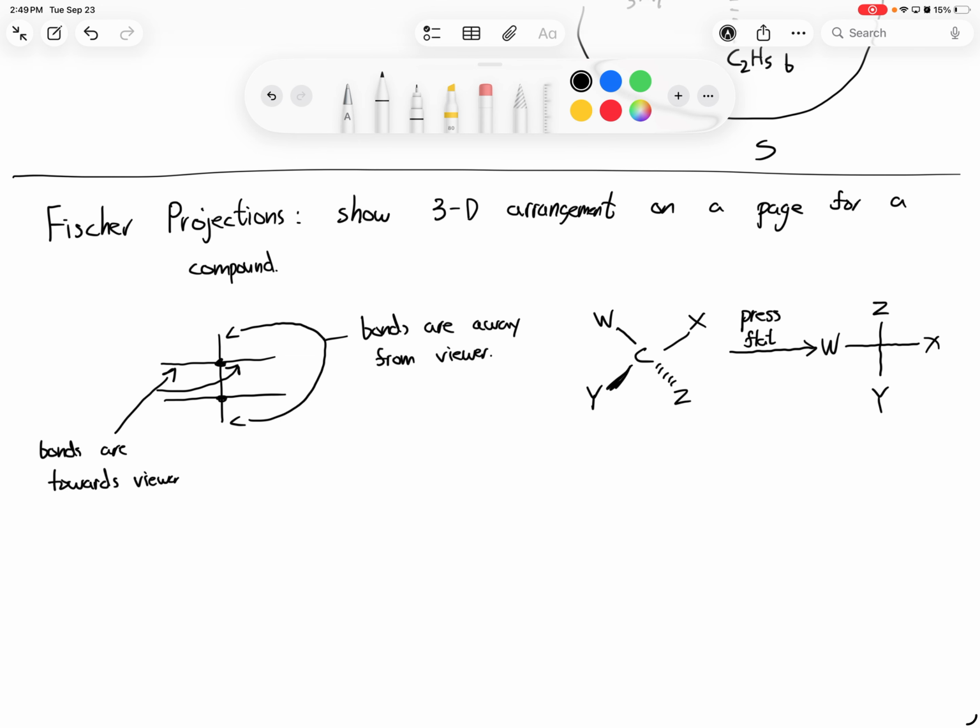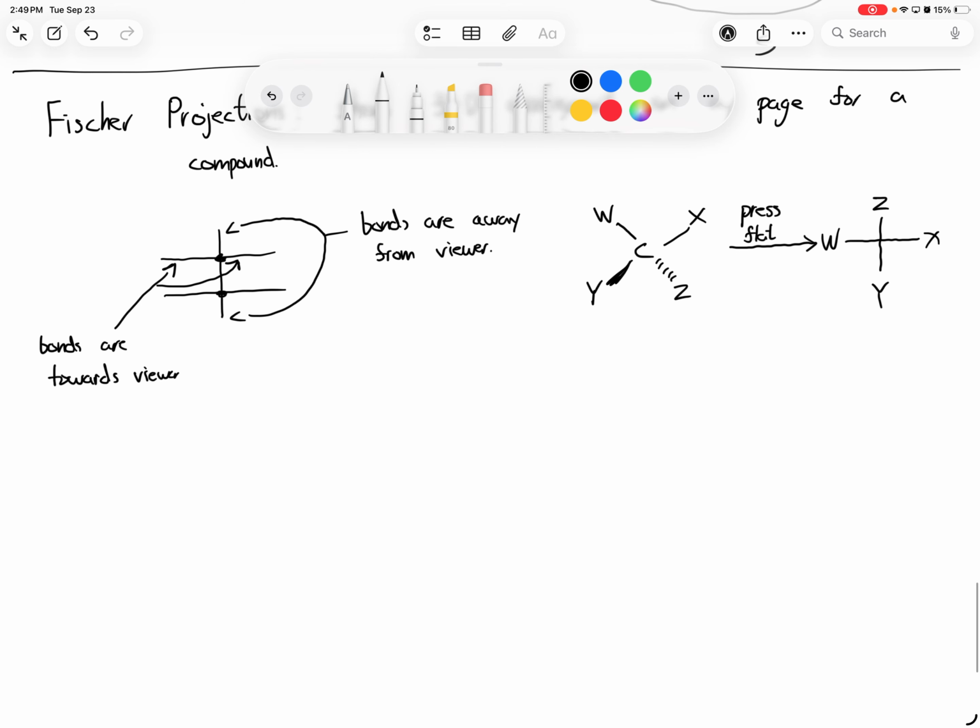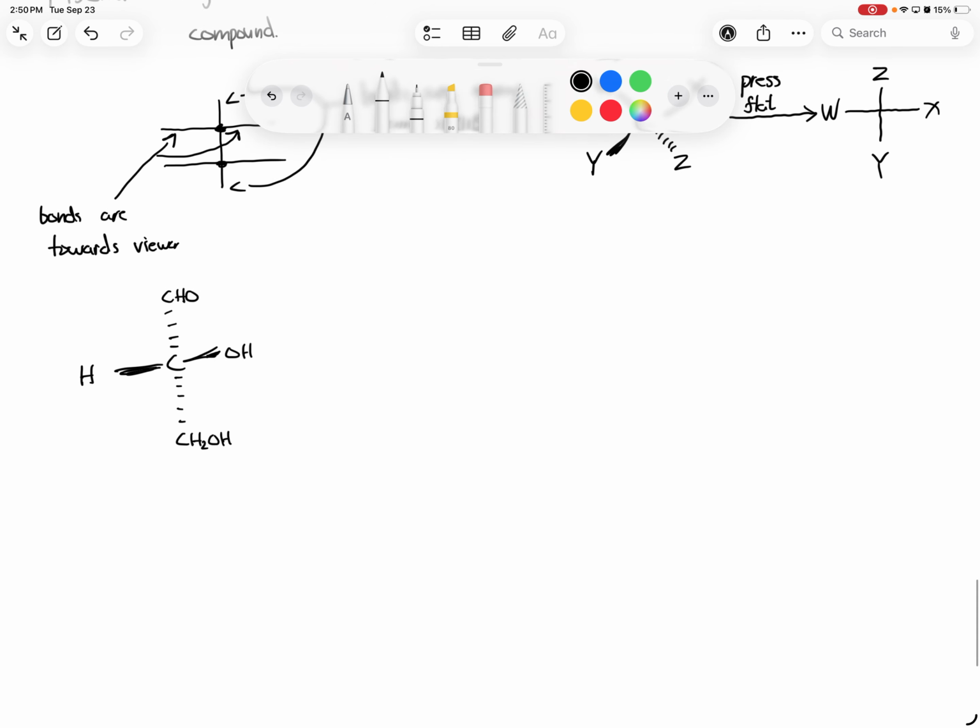Okay? So to wrap this up, let's just compare the dash wedge drawing to the Fischer projection. So for a carbon atom, say you have 4 groups around it. Looking at that orientation we drew on the page before, OH, H. So this would be my dash wedge structure.